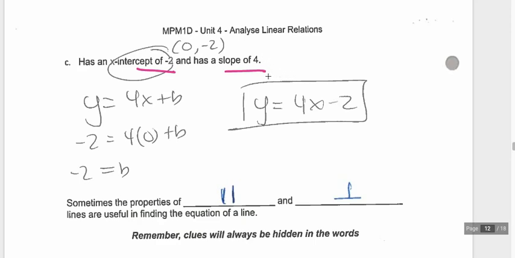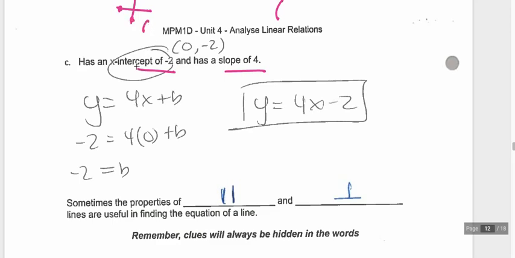But I have an x-intercept of minus 2 and a slope of 4, which means that I know that it goes through the point. If the x-intercept is minus 2, I think I messed this up actually.